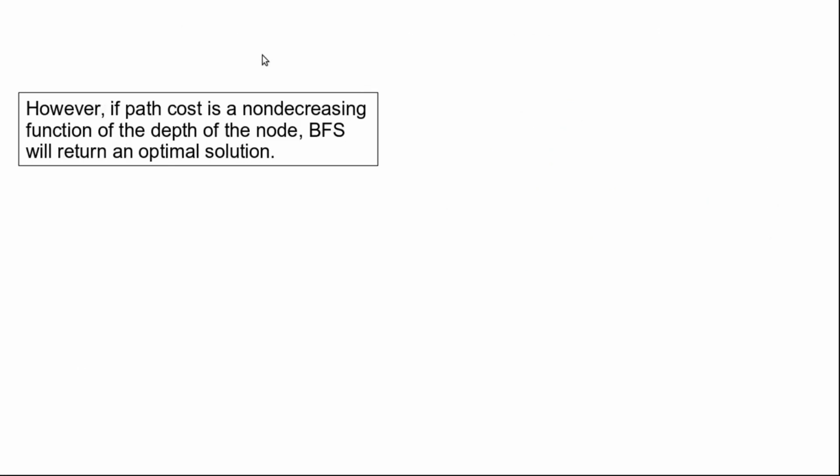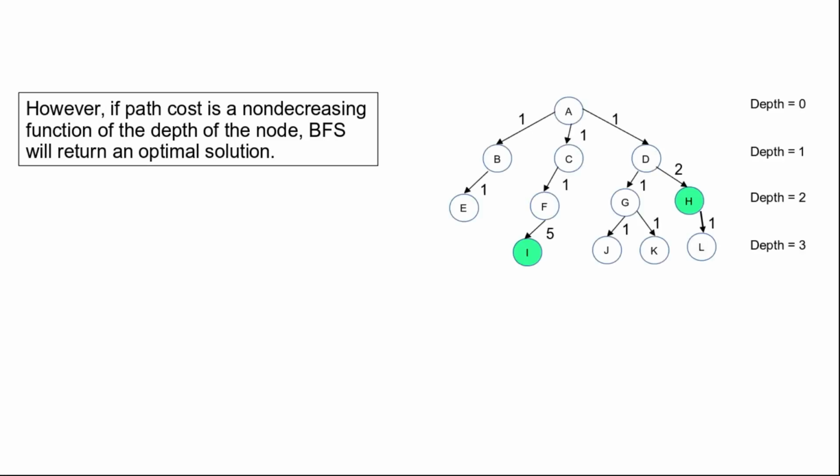However, if the path cost is a non-decreasing function of the depth of the node, then BFS will return the optimal solution. So as we increase the depth, if the path cost is non-decreasing, then BFS will return an optimal solution.